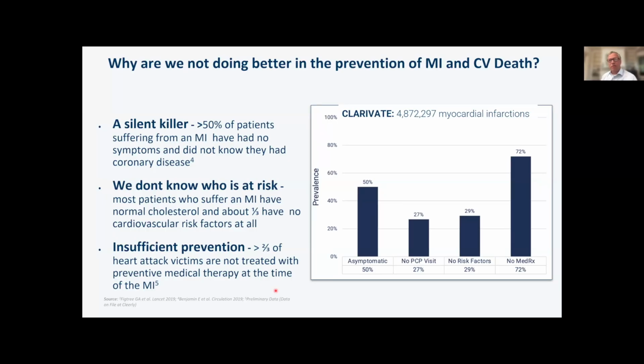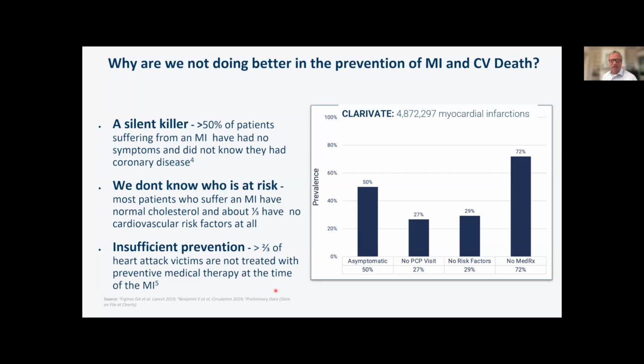When I worked with the Framingham Heart Studies for many years, one of their key publications in 1974 was to show that 50% of patients die from a heart attack without prior symptoms. And this is a study from a contemporary claims data database in 5 million patients who survived a myocardial infarction.